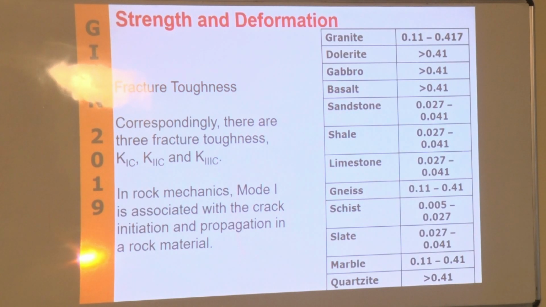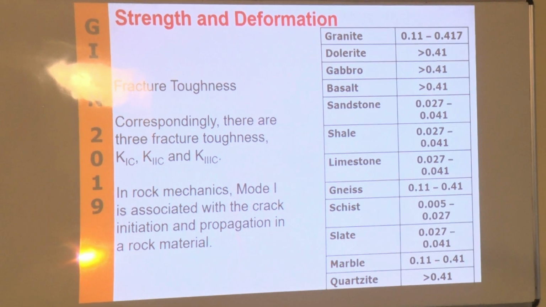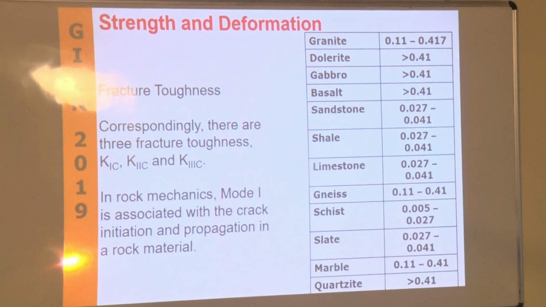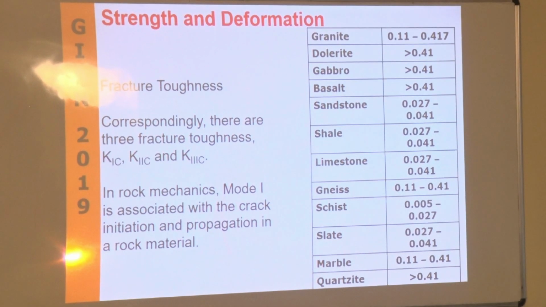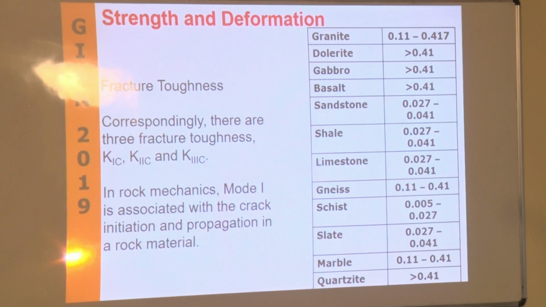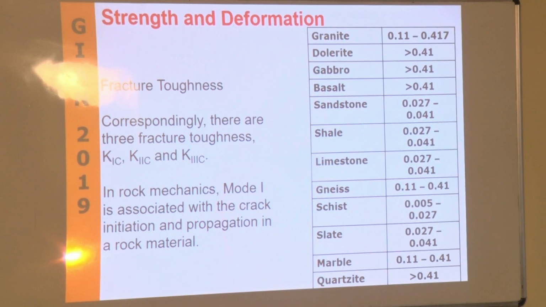So again, it's me. Say that KIC is the fracture toughness in mode 1, K2C is the fracture toughness in mode 2, and K3C is mode 3. Well, again, I'm telling you that mode 2 does not exist.